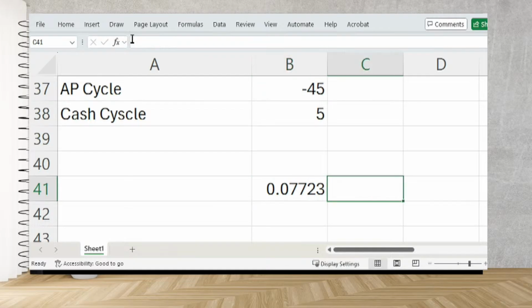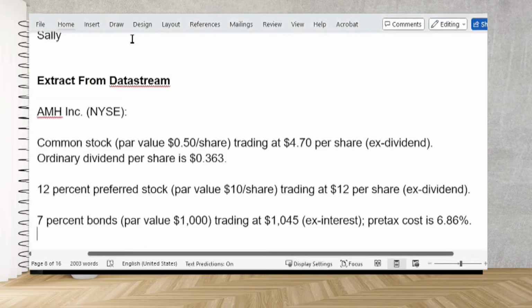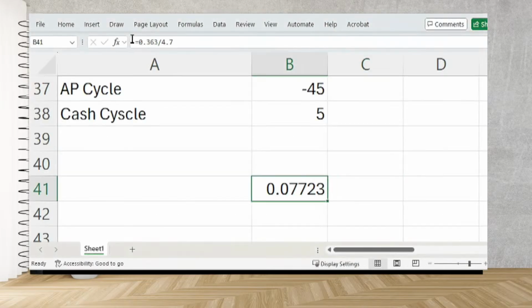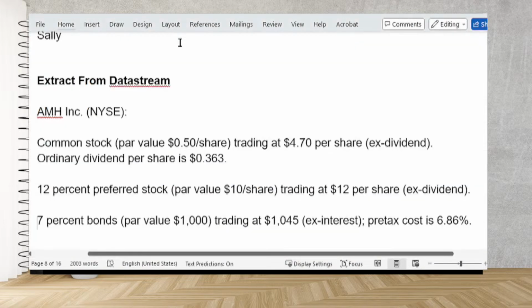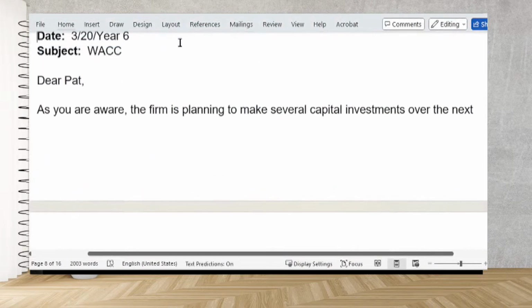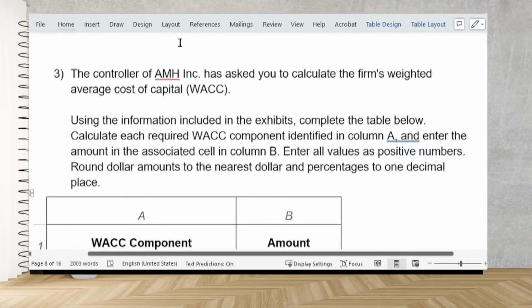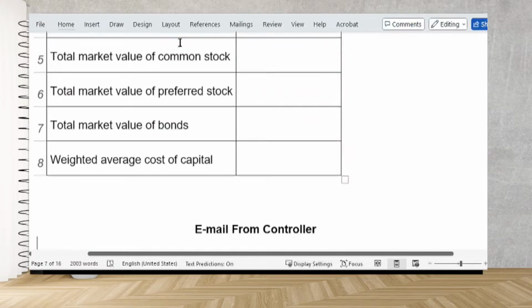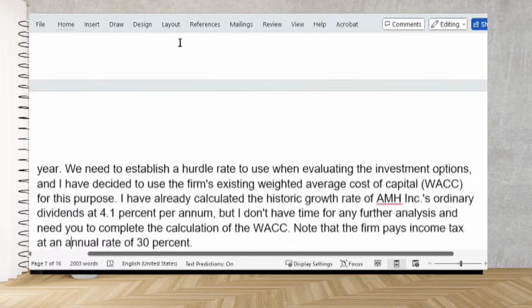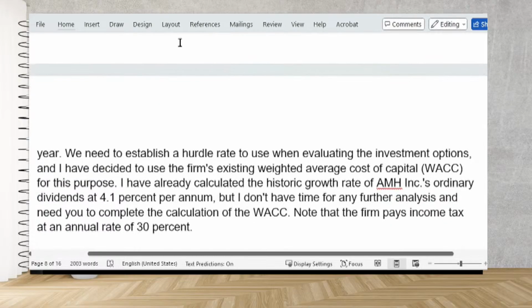So growth rate is, okay, so I multiplied by, what is the growth rate? Somewhere they give the growth rate. Okay, 4.1%.